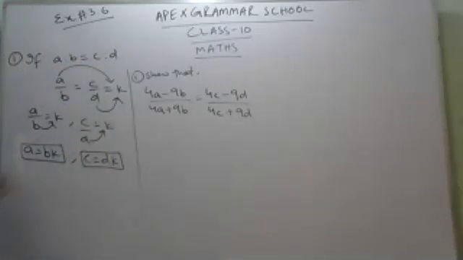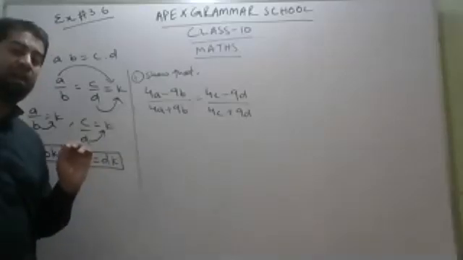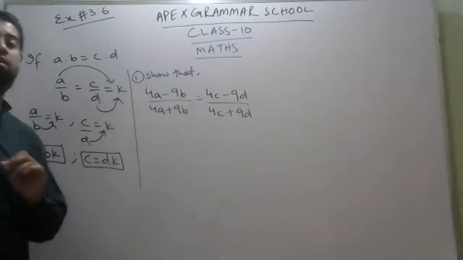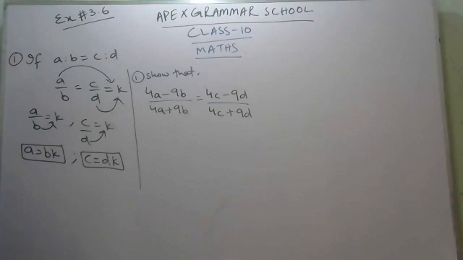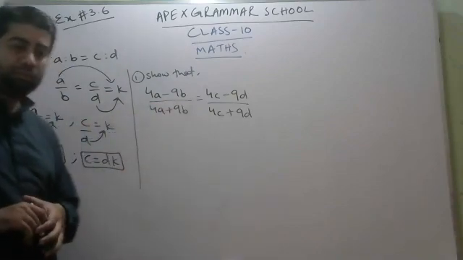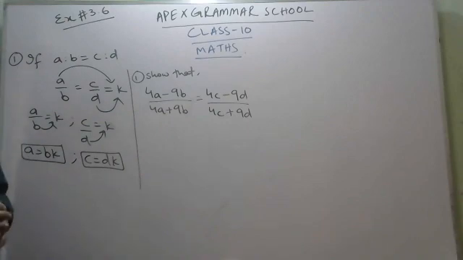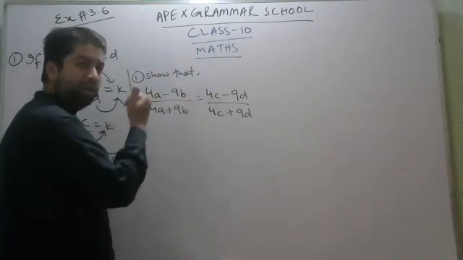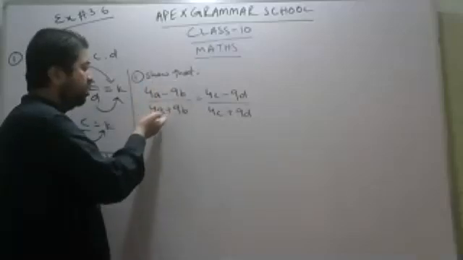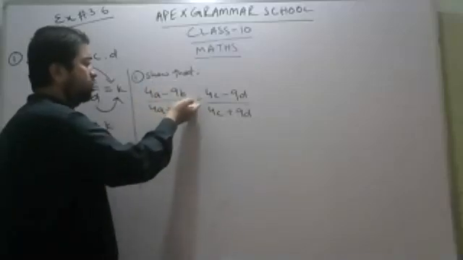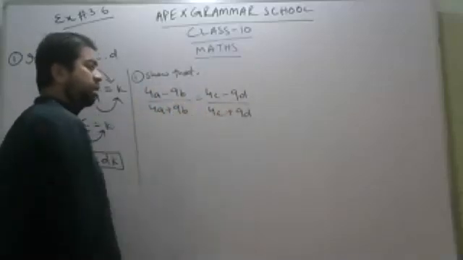But now we know that both ratios are equal. So we will apply the K method here and solve this. At that time, we can see that this is 4A, this is 4C. How (4A minus 9B) over (4A plus 9B) is equal to (4C minus 9D) over (4C plus 9D).